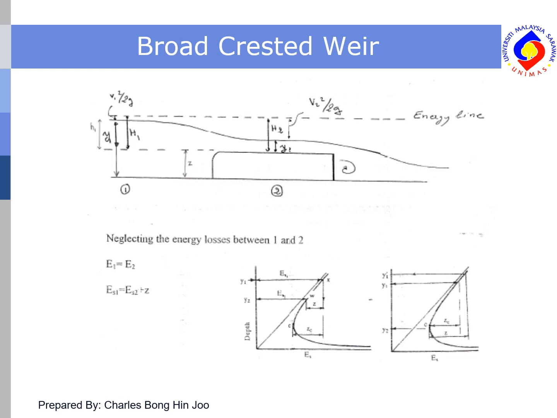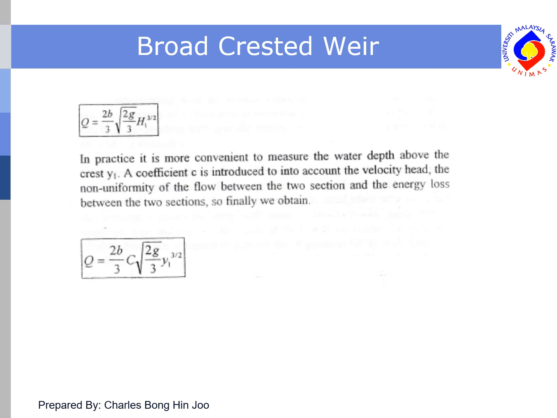The bottom specific energy graph shows the energy for the broad-crested weir. Then from there, we can get the expression for the discharge for the broad-crested weir.